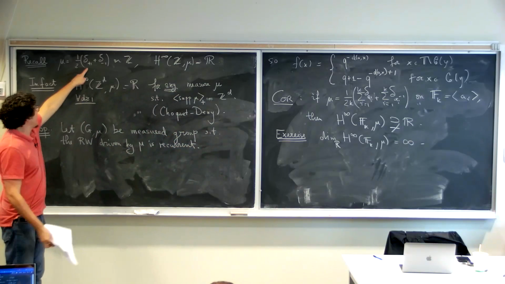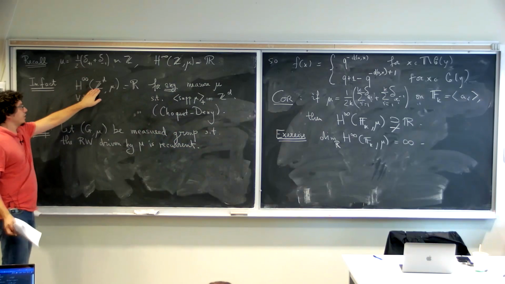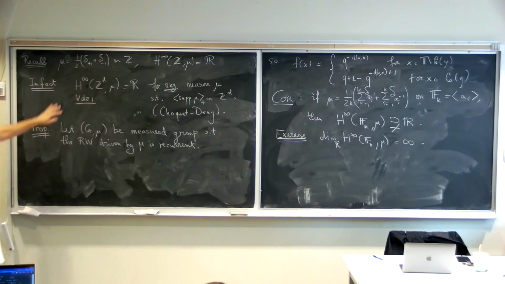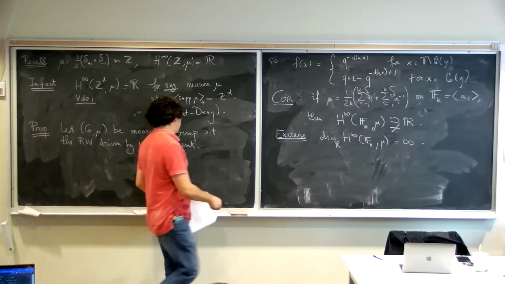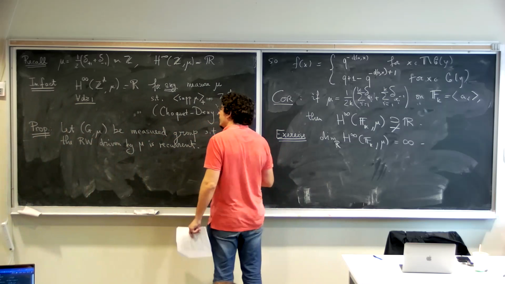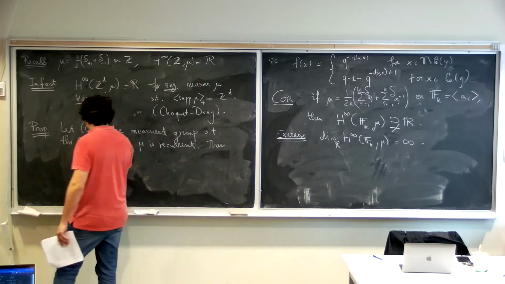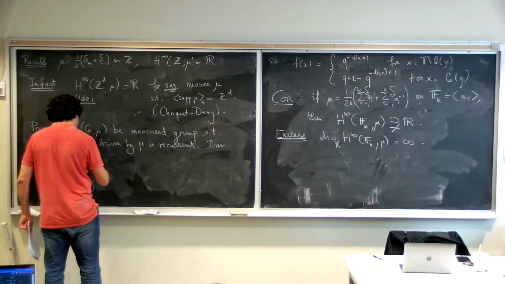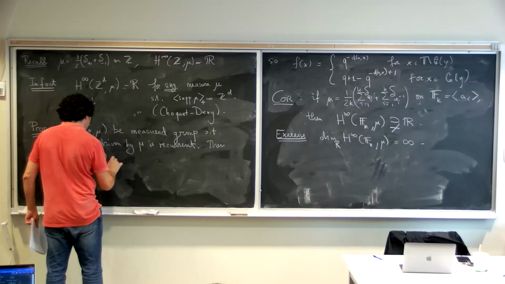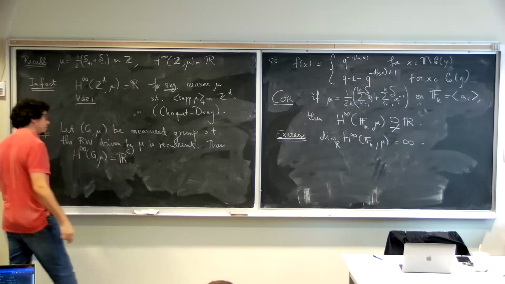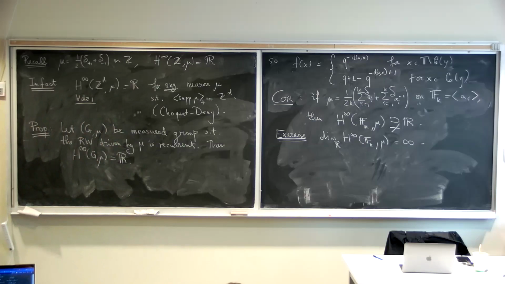For instance, this is the case for random walk in Z^2, but for higher d this is not the case. Then H infinity of (G, mu) is only the constants.